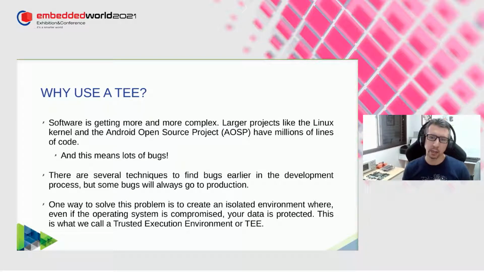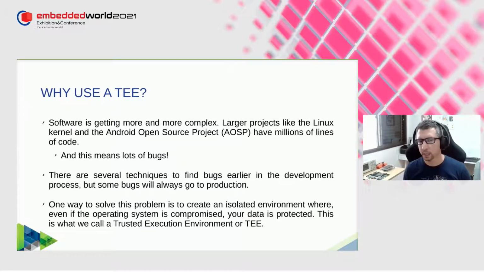One way that we could do that is using containers. So running applications in a containerized way could be an idea. And that really improves the security if you configure the containers in the right way. But one problem on using containers is that the kernel is shared between all of the containers running on the device.